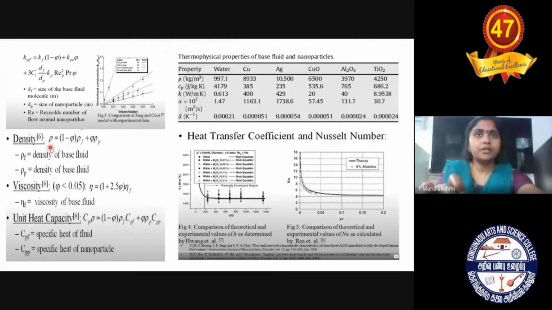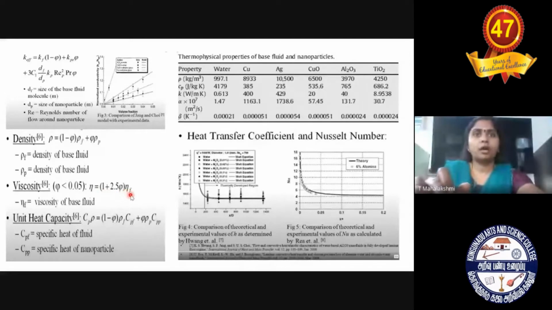And here itself I will tell you another piece of information. As far as this problem is concerned, I have considered phi as the nanoparticle volume fraction, but we can consider this phi as the concentration of the nanoparticle also. And the next thermophysical property is viscosity. For viscosity, we have eta = (1 + 2.5 phi) eta f.